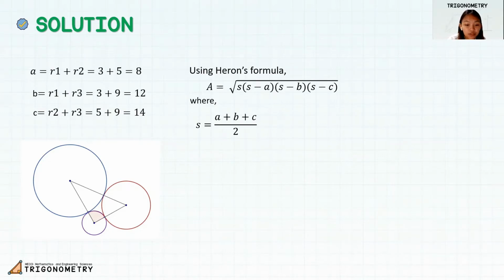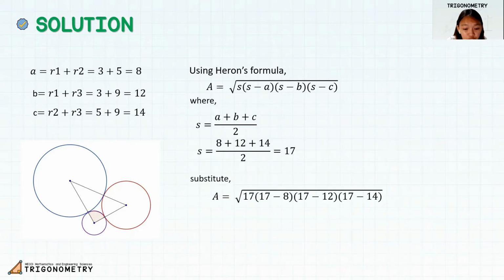We then substitute the values, and we have a value of S, which is 17. We substitute again into Heron's formula, where we get an answer of 47.9061 centimeters squared, or approximately 48 centimeters squared.